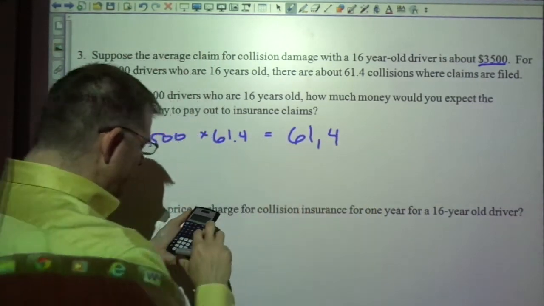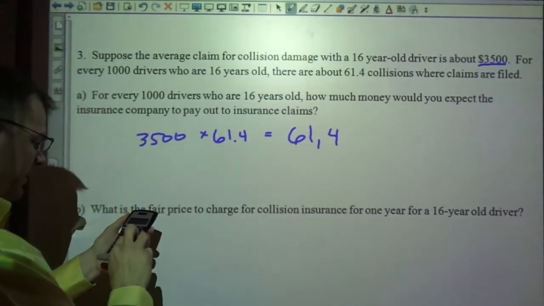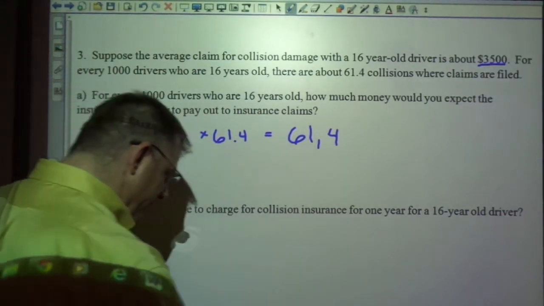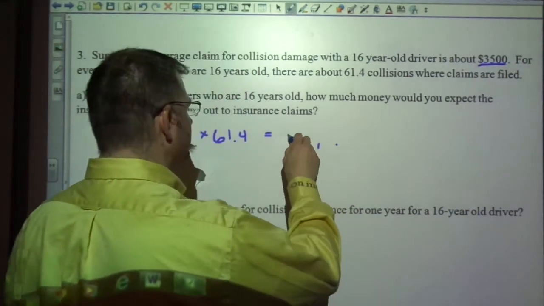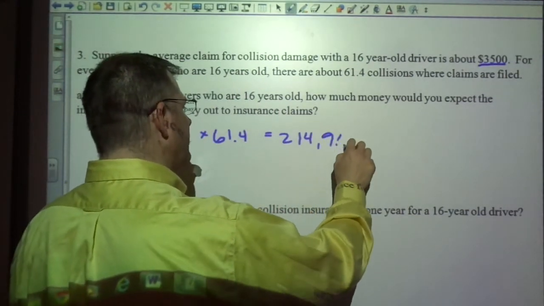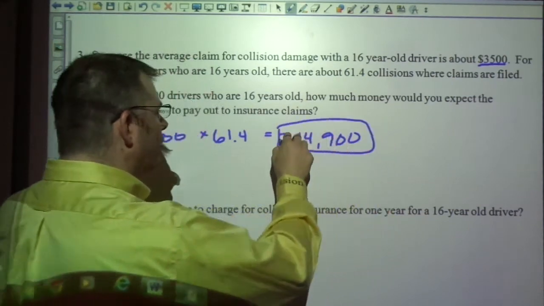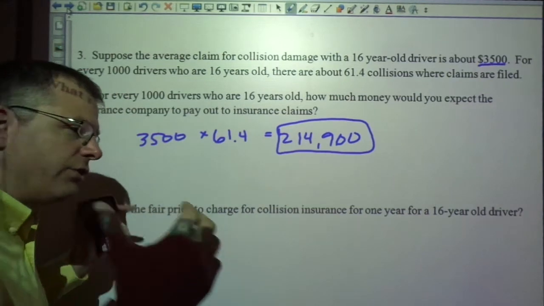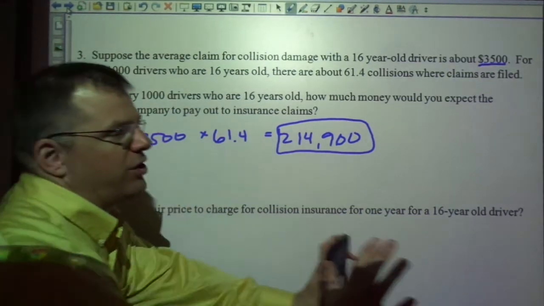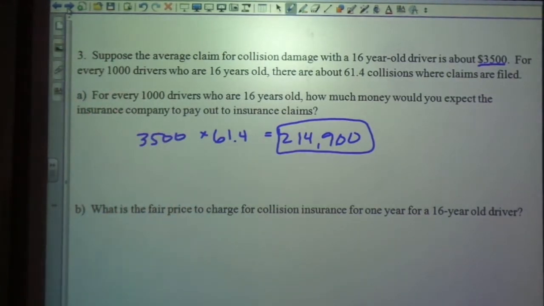Oh, no, wait. Multiplied wrong. Scrap that. 214,900. That's how much money they're going to have to pay all together. For all the crashes, out of 1,000 drivers, they have to pay this much money, $214,900.